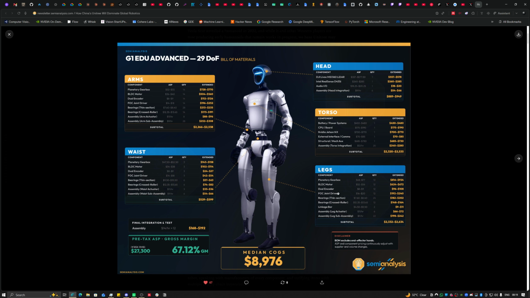See the torso, the legs, the head, the arms, the waist, the components that they have.